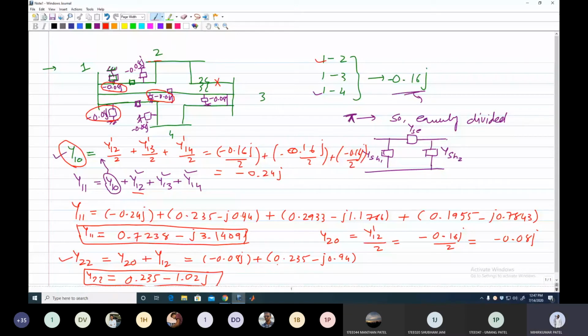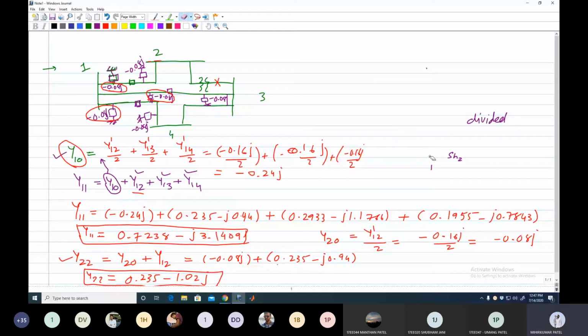Next we have to calculate the value of the other diagonal elements, say Y33.